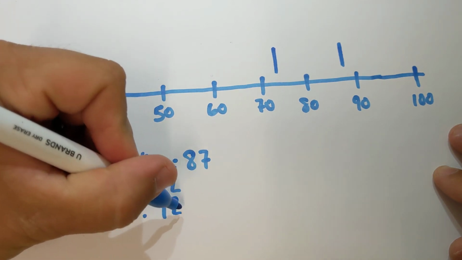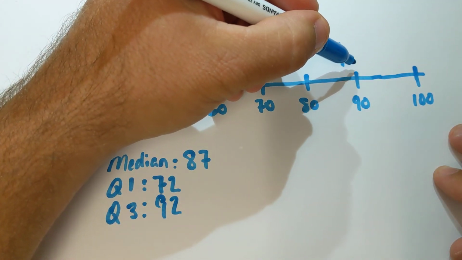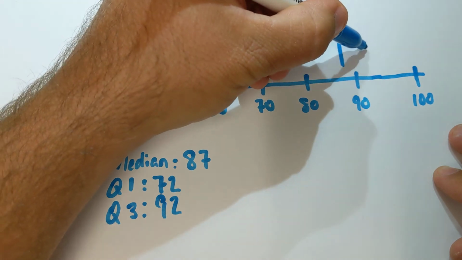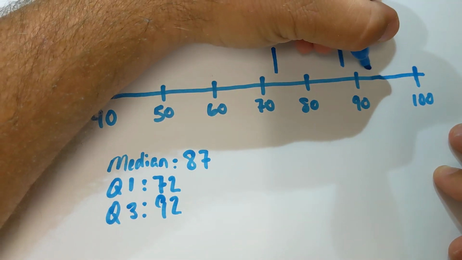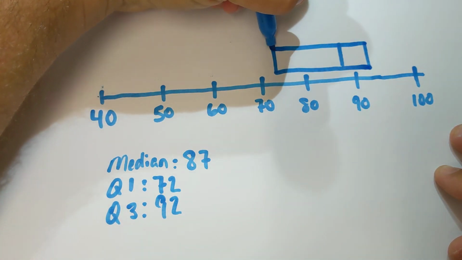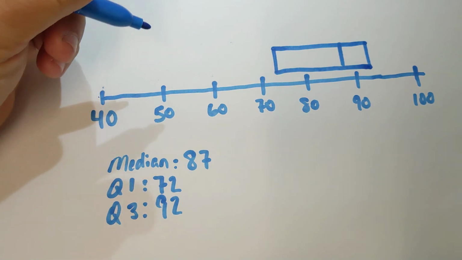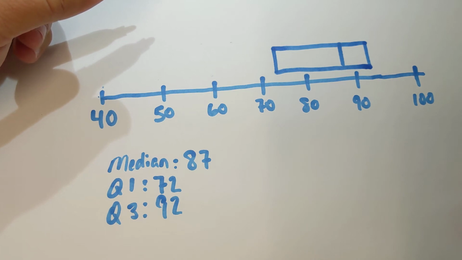That was 92. So here I'm at 90, about 92 right here. So I'm going to go ahead and make my box. And my little whiskers will represent the outliers, not within the middle 50%.